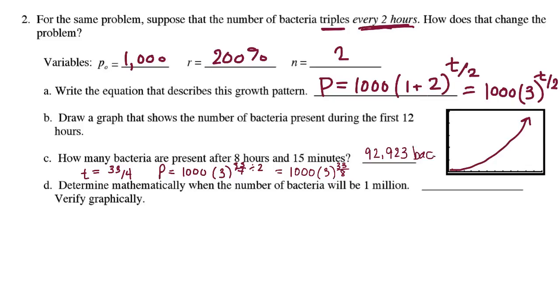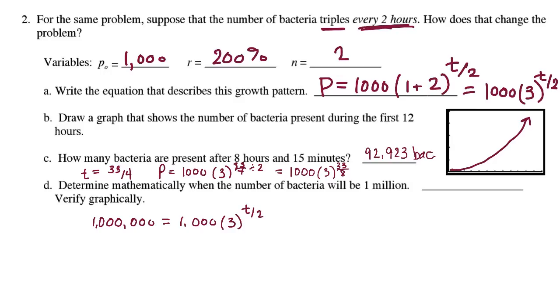Okay, now by that same idea, we are going to see how many years it would take for us to get 1 million bacteria. Why we would want 1 million bacteria, I don't know. And so that's going to be equal to our 1,000 times 3 raised to our time divided by 2.